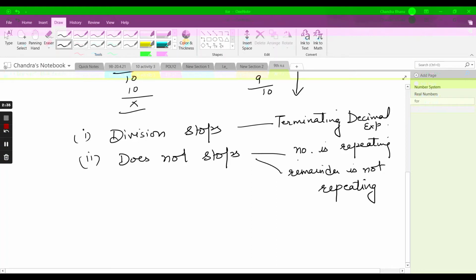When my division is not stopping but it is repeating again and again, then we call this non-terminating repeating, or recurring also we say. But if it is not even repeating, there are different numbers appearing here, so it will be non-terminating, non-repeating. I don't think there is any other form of a decimal expansion except these three.